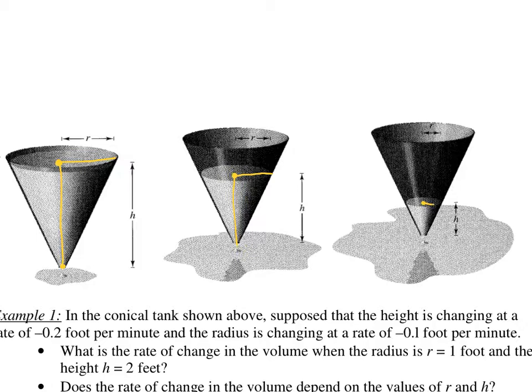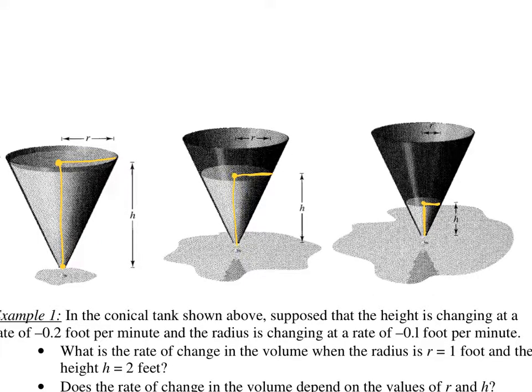Then we get down here and the radius is smaller still and the height is smaller still. So obviously, the radius is shrinking. There's a rate of change. The depth of the water, or in this case the height as it's called, is shrinking. And also the volume of water that's in the cone is shrinking.